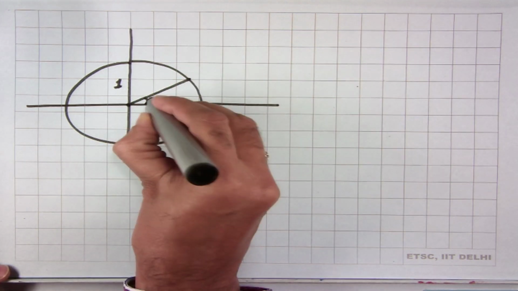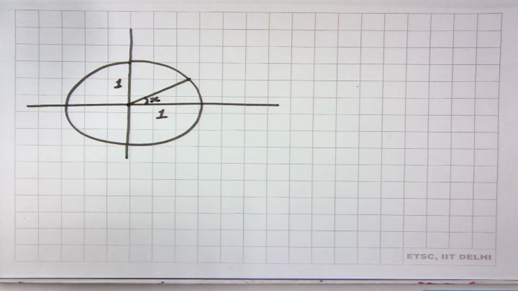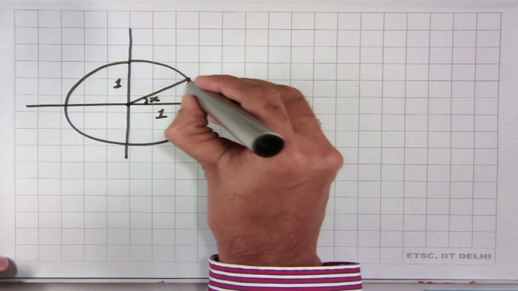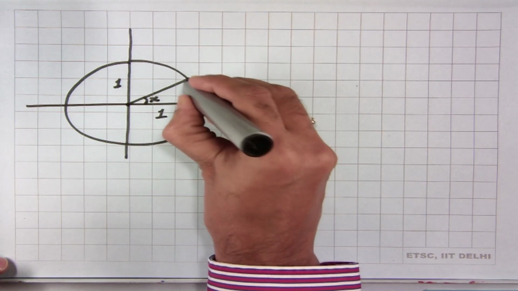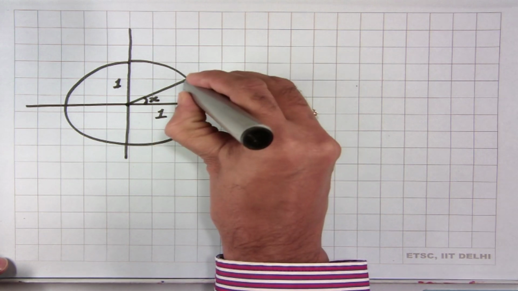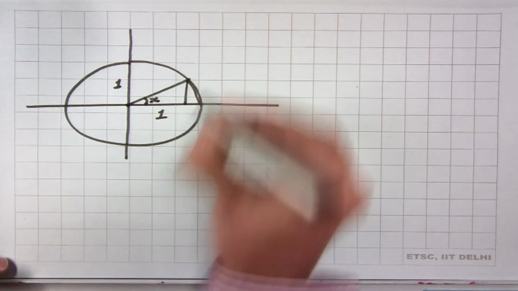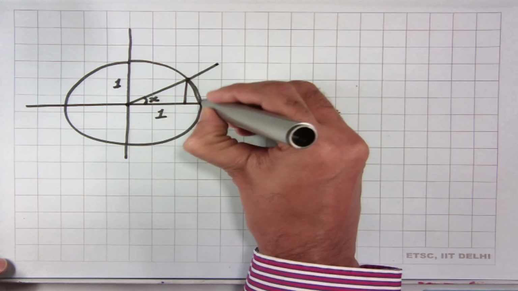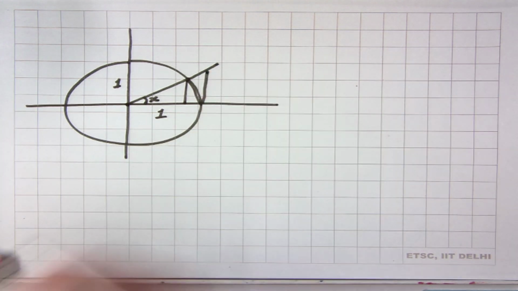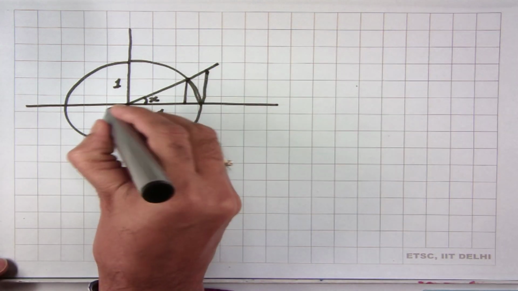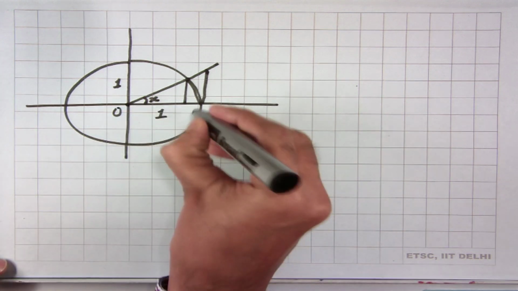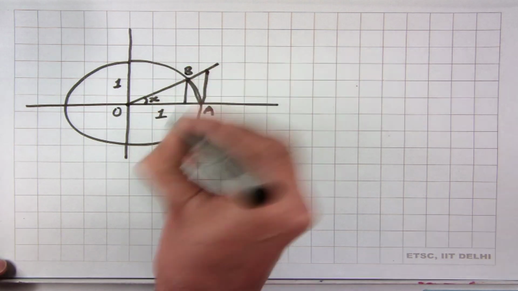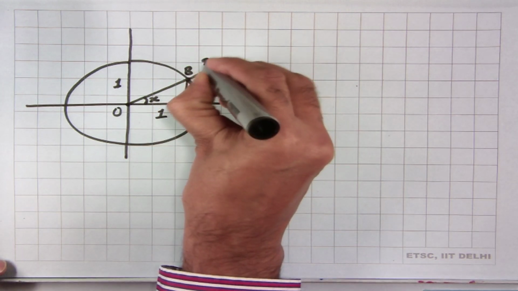So, this is x in radian, and let me draw this triangle, and let me join these 2 points, and we will also extend this and then draw a perpendicular here. So, let me mark these points. So, I have O here, A, this point is B, this is C, and this is D.